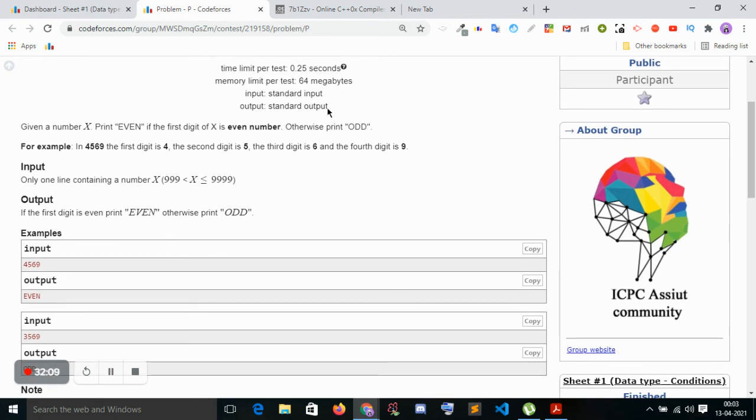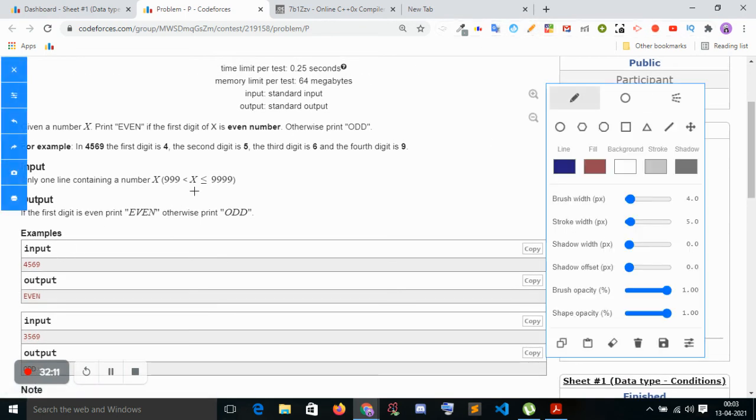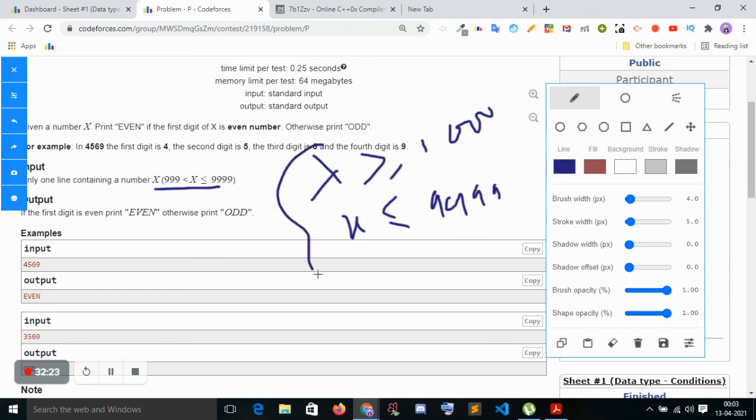So here first check the constraints. The constraint is x is greater than or equal to 1000 and less than or equal to 9999. So the length of x is very small, and all the x are 4 digits. If I want the first digit, I have to divide by 1000. Yes or no?